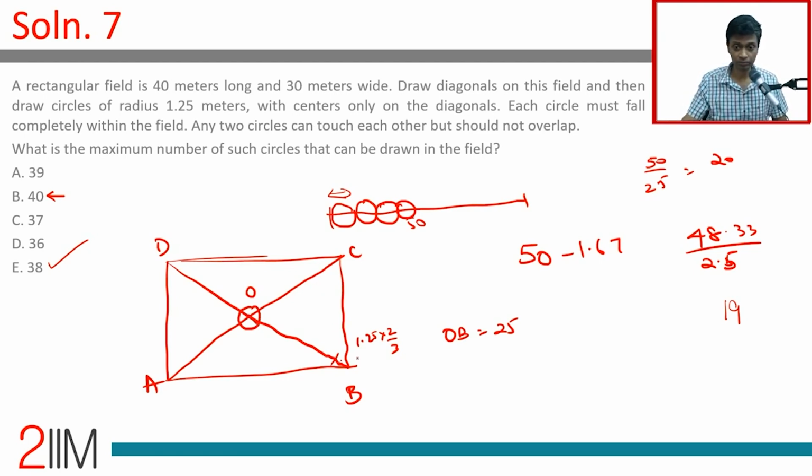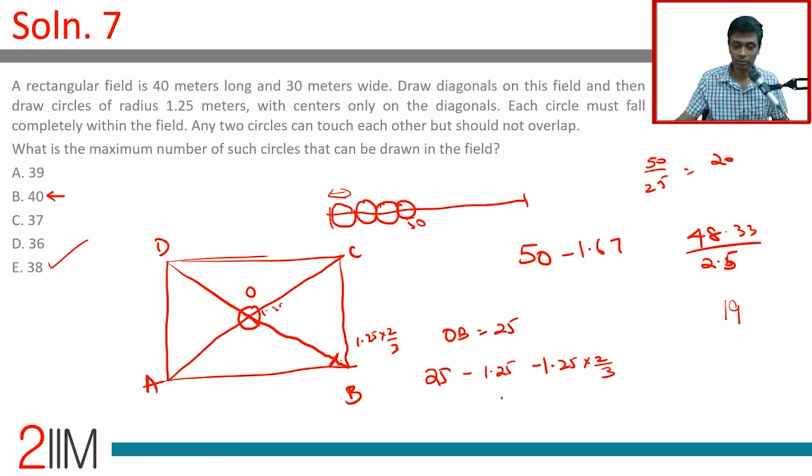So OB is 25, half of BD. From OB, right at this end, we lose 1.25 into 2 by 3. At this end, we lose 1.25. So out of 25, we lose a 1.25 and we lose a 1.25 into 2 by 3. Fine.